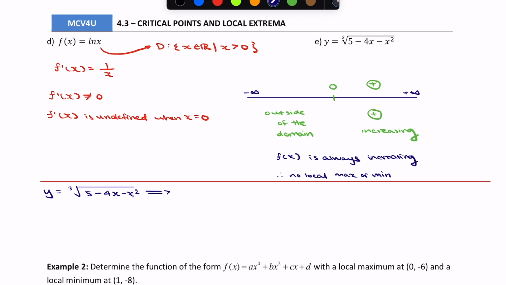Here we can rewrite it as (5 - 4x - x^2)^(1/3). Here we see that if we factor the inside, so we make that equal to 0 and then factor the inside.